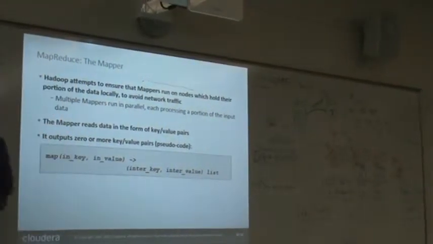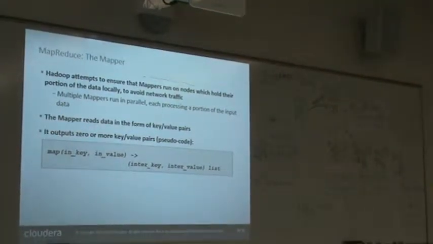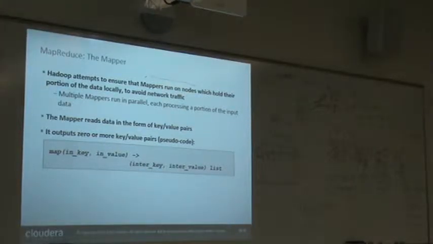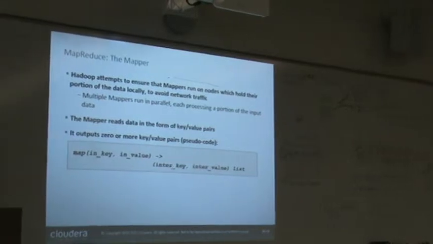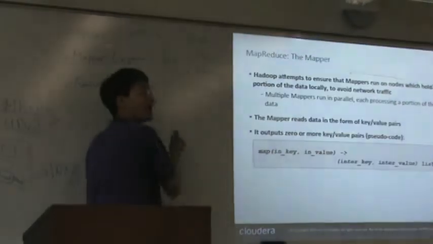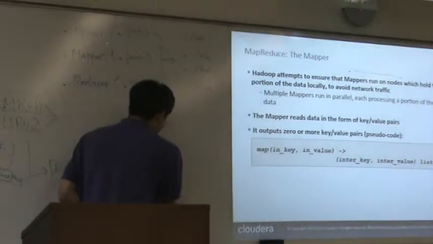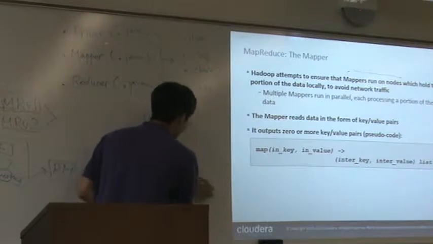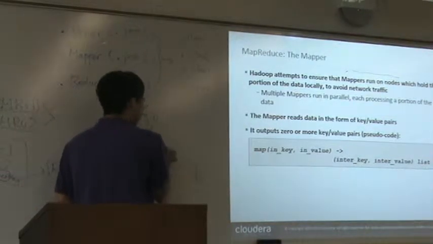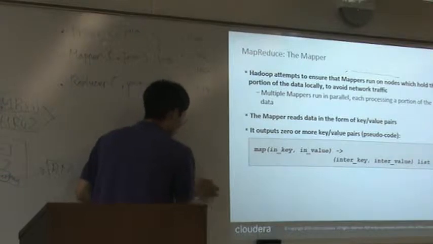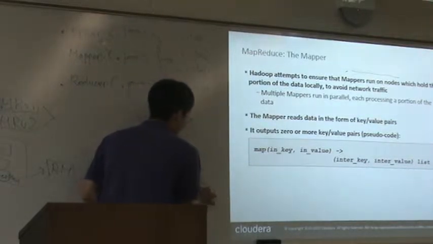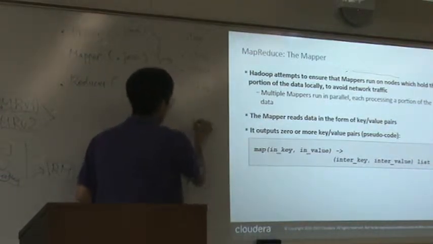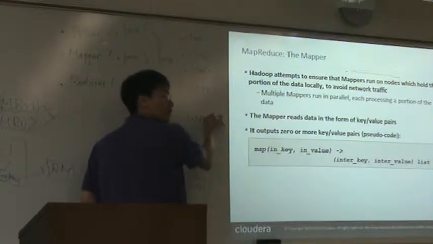Sometimes we need to have one MapReduce program, then the next MapReduce program. The output of this one will be the input of the next MapReduce. And sometimes, depending on the output of this one, you need to decide to run another MapReduce, and another. This is called a workflow.